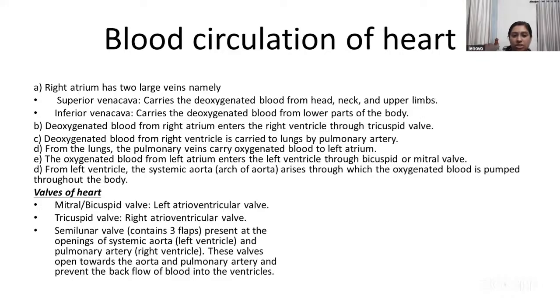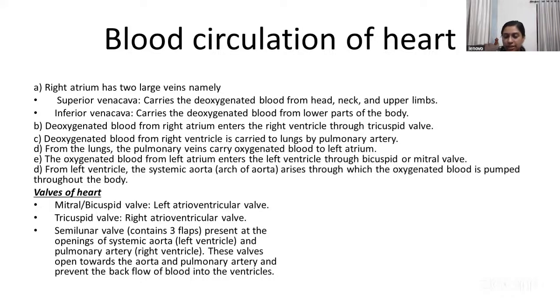And deoxygenated blood from the right atrium enters the right ventricle via which valve? That is the tricuspid valve. In the right part, we have the tricuspid valve. And deoxygenated blood from the right ventricle is carried to the lungs. So initially, deoxygenated blood is entering the right atrium via the superior and inferior vena cava.